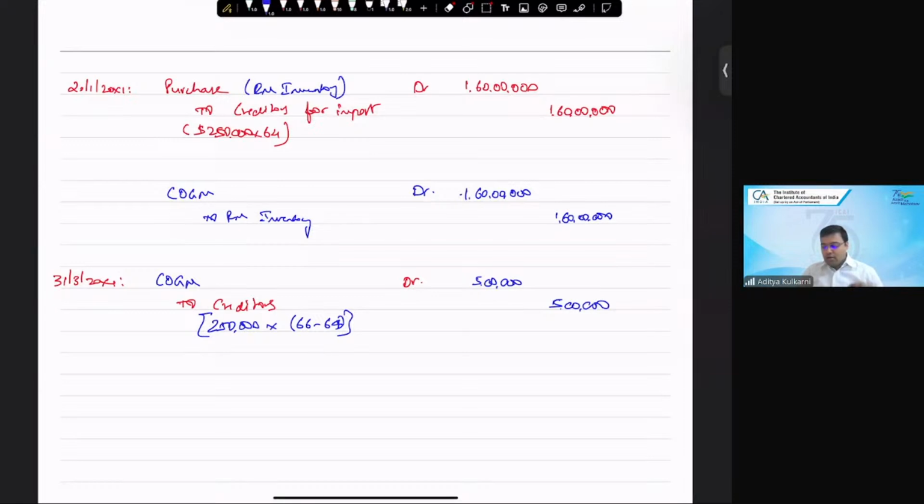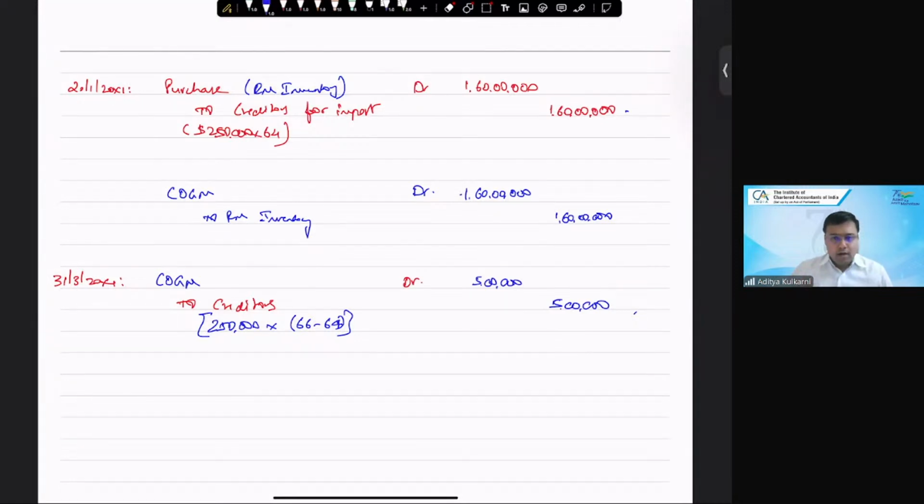So your creditors is actually appearing at 1 crore 60 lakhs plus 5 lakhs, so 1.65 crores. And your cost of goods manufactured is 1.65 crores. Have you understood the treatment? Yes?